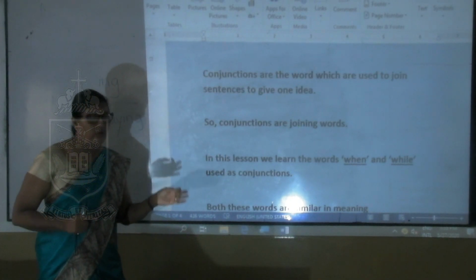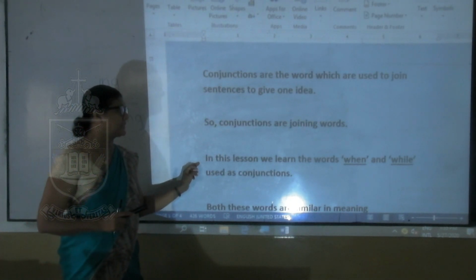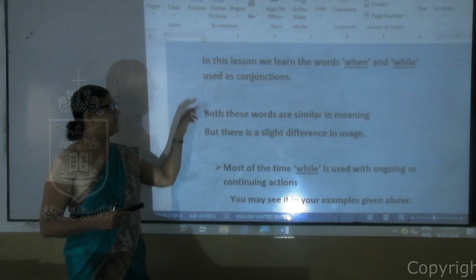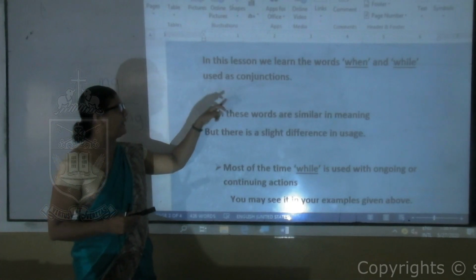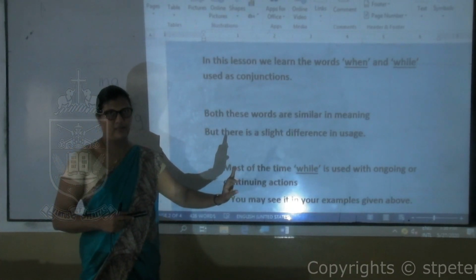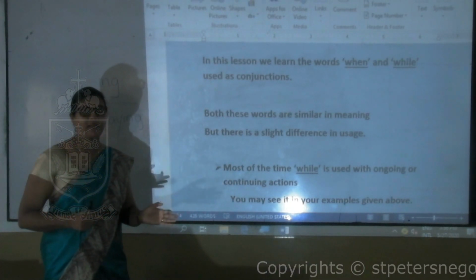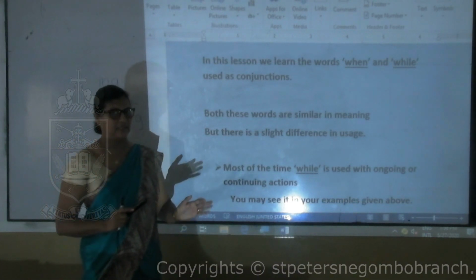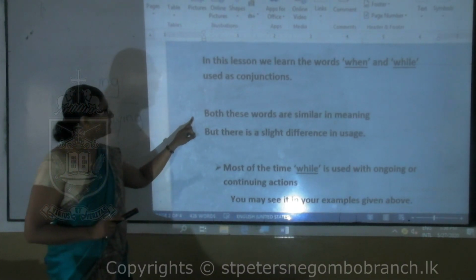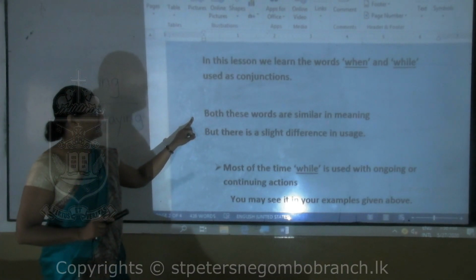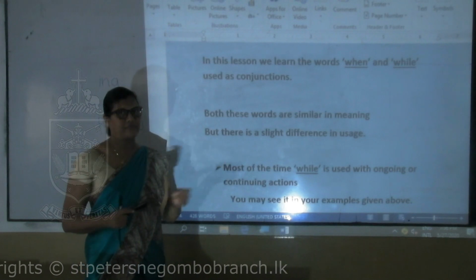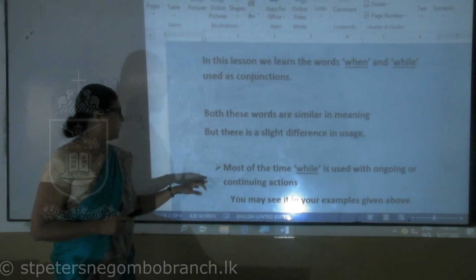In this lesson, we recall conjunctions using when and while. We learn how to use when and while in a correct, suitable way. Both words are similar in meaning, but there is a slight difference in usage.